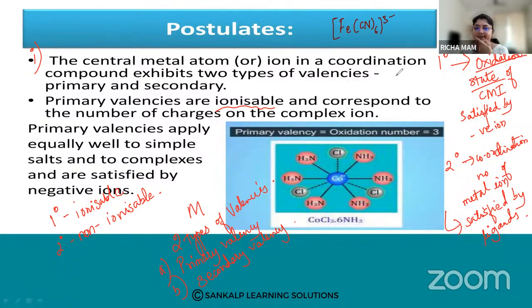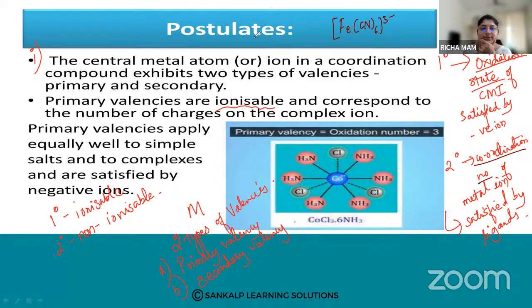So this is a complex. Now, considering this complex, can you tell me the difference between oxidation state and coordination number? If you tell me, I can be sure that you have understood whatever we have said till now.